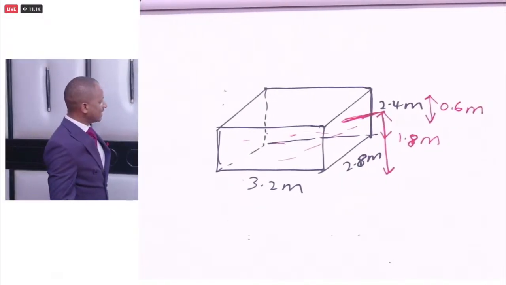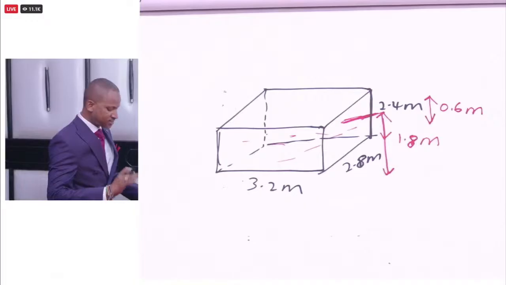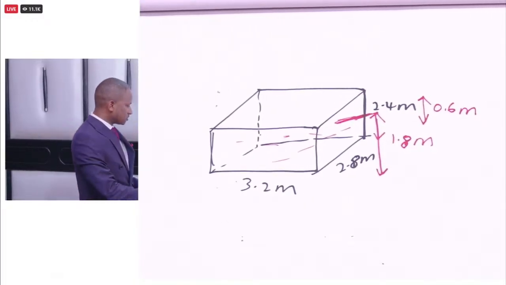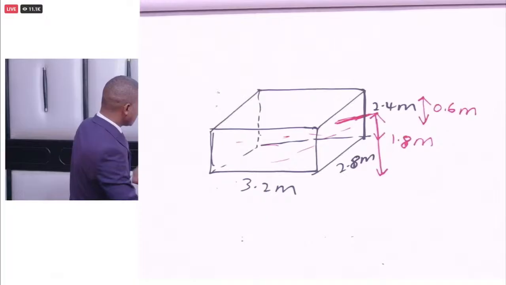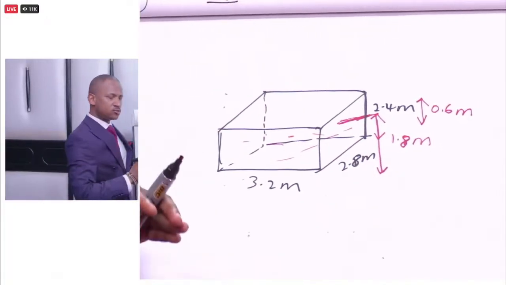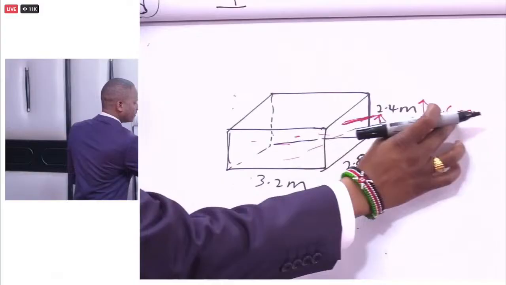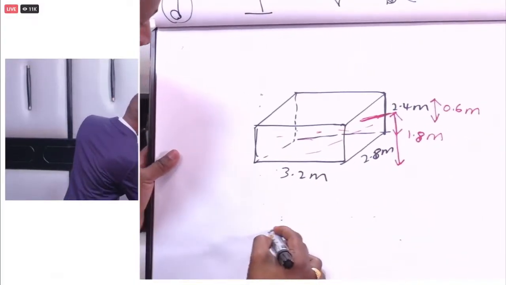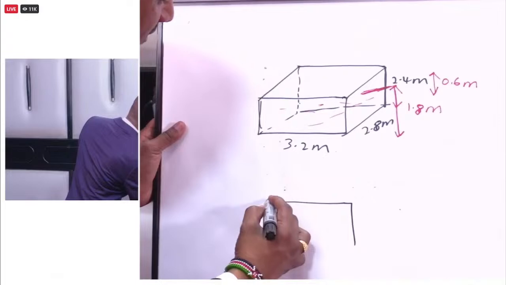So calculate the area that is not in contact with water. The best thing to do is to draw the part that is not in contact with water with 0.6 meters as the height. So we draw a new rectangular tank.